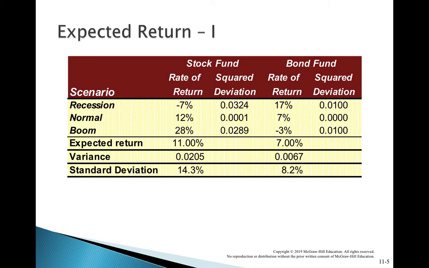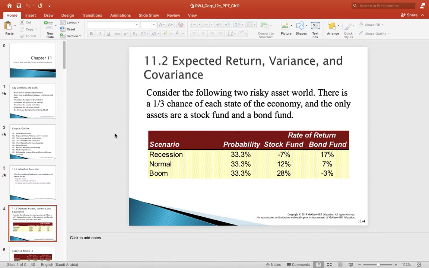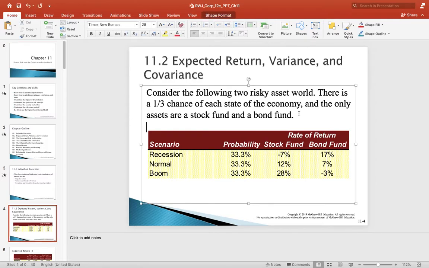So write down the formula. The expected return is equal to the probability of return multiplied by the possibility of return.